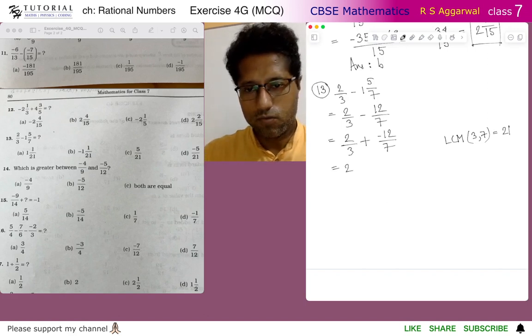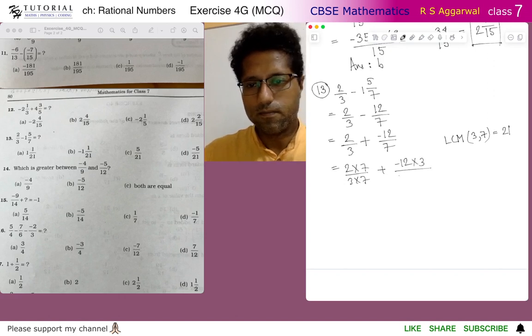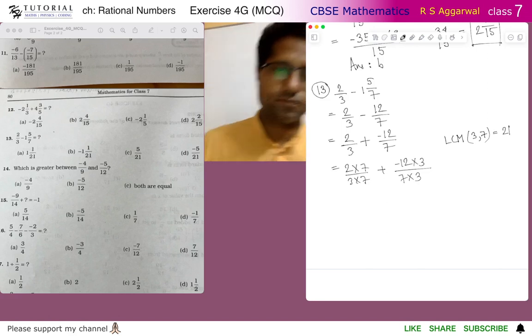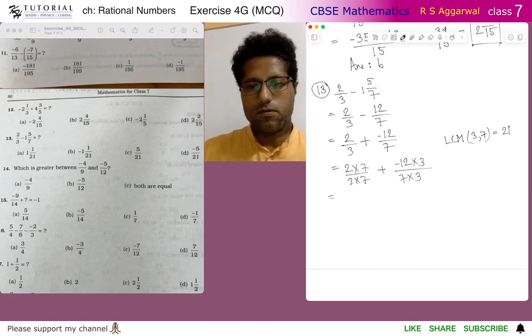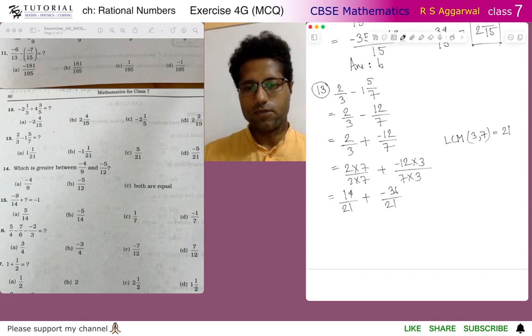So we have 2 into 7 divided by 3 into 7 plus minus 12 into 3 divided by 7 into 3. So this is 14 by 21 plus minus 36 by 21. Now these two rational numbers have the same denominator. We just add the numerators and divide the sum of the numerators by the common denominator.